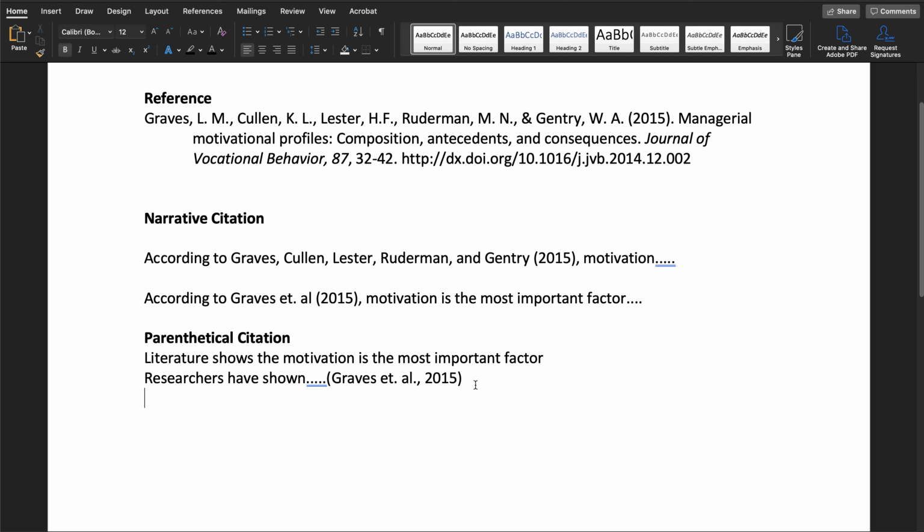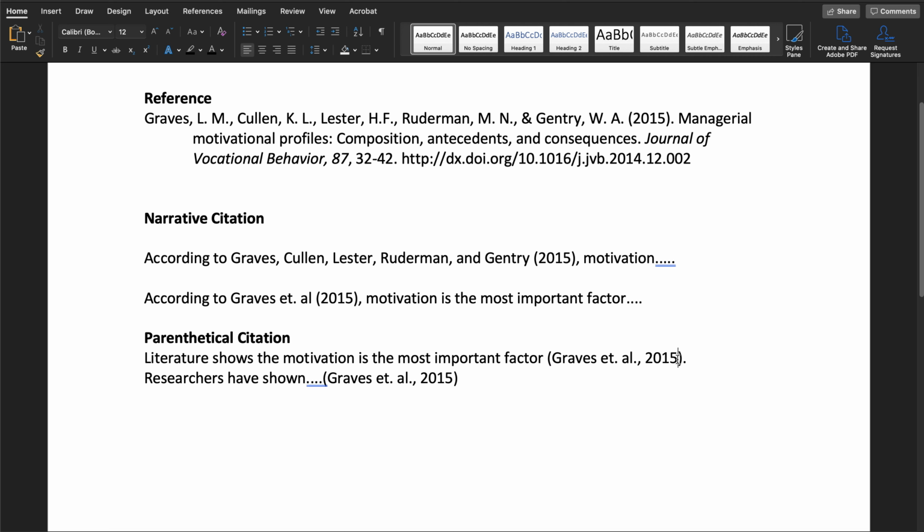Another thing that I've noticed is sometimes we put the period, so it's a little bit difficult because I have all of these periods here. Let me move it up here. Okay, so what I have also been seeing is that sometimes people have been putting periods here and then putting it at the end of the parenthetical citation. That is incorrect. You want to just make sure that it's within the sentence, okay?